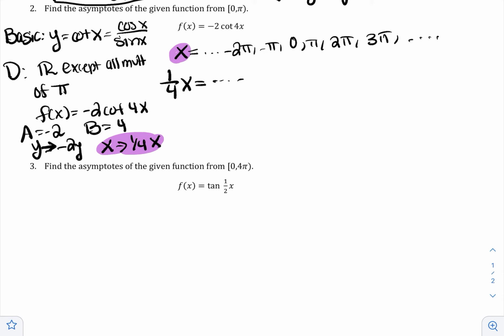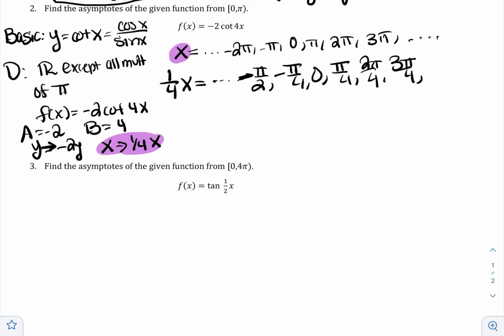That's going to give me negative 2 pi over 4, which is negative pi over 2, negative pi over 4, 0, pi over 4, 2 pi over 4, which is pi over 2, 3 pi over 4. Actually, I'm going to do this real quick so that you see the pattern. Let me keep it as 2 pi over 4.